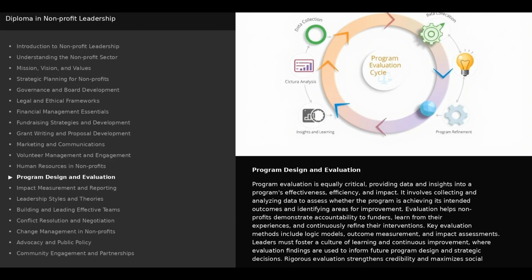Key evaluation methods include logic models, outcome measurement, and impact assessments. Leaders must foster a culture of learning and continuous improvement, where evaluation findings are used to inform future program design and strategic decisions. Rigorous evaluation strengthens credibility and maximizes social return on investment.